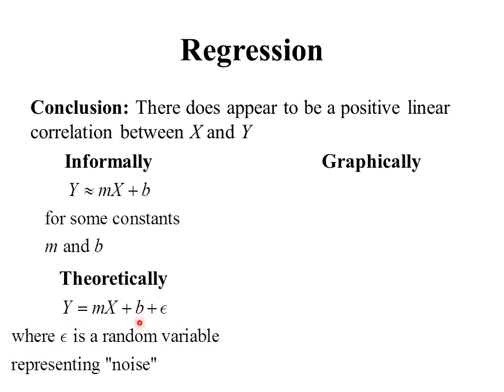Here, this letter epsilon is a random variable representing some sort of noise. Now, this epsilon is not the same epsilon that we used back in Calculus 1 when we talked about the definition of limits. It's just a symbol that we use to represent this random variable denoting noise.